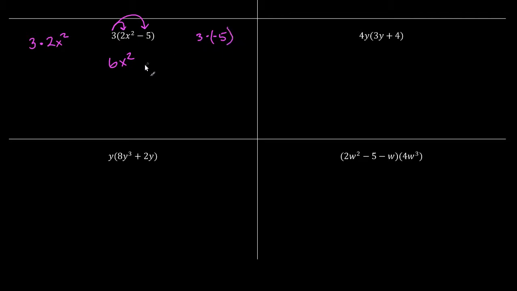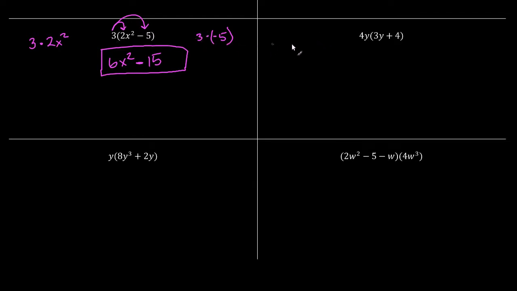Positive times a negative is a negative, so I'm writing minus. 3 times 5 is 15. Oops, I don't know why this tablet's behaving a little awkwardly. So remember, you don't necessarily have to write these steps on the outside. You can if they help you. About half of you will probably do that, so you don't mess up.